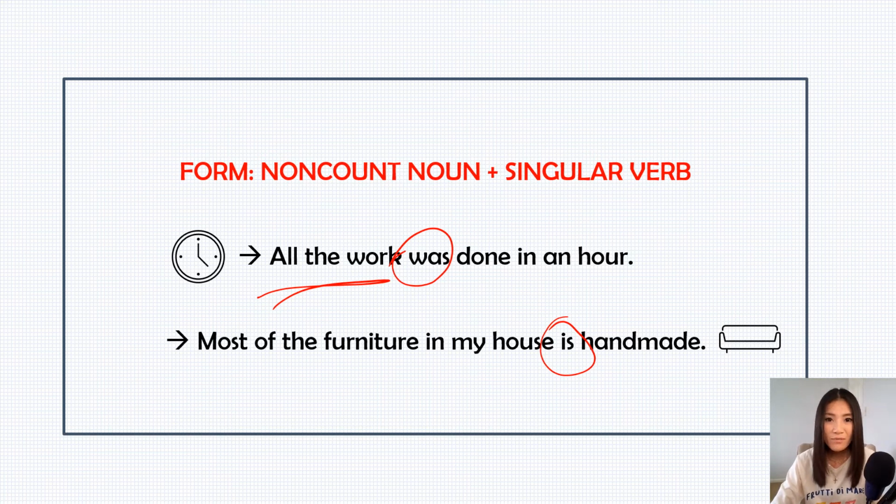Furniture very much feels like a count noun, right? I feel like we can count the pieces of furniture in our home, but strangely, the word furniture is considered a non-count noun. So we don't say furnitures. I mean, I hear a lot of people say furnitures, but they are wrong. So most of the furniture in my house is handmade, not are handmade.